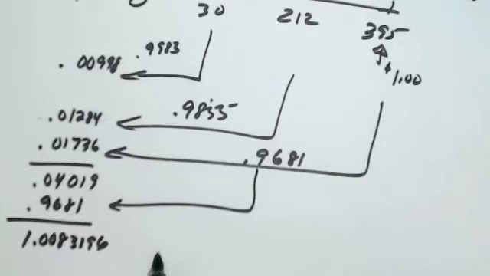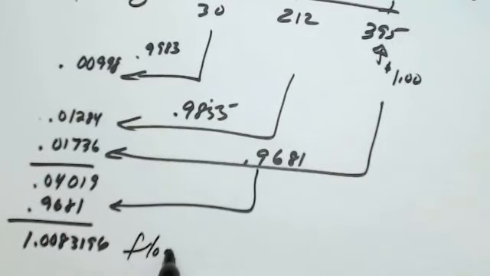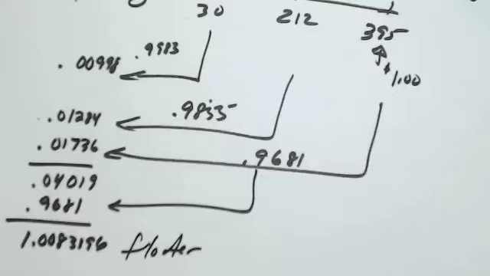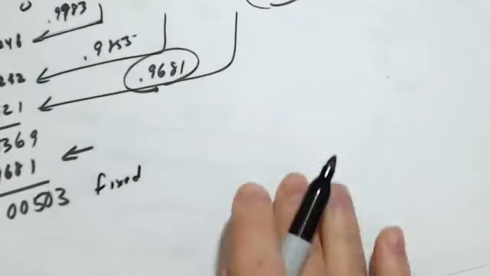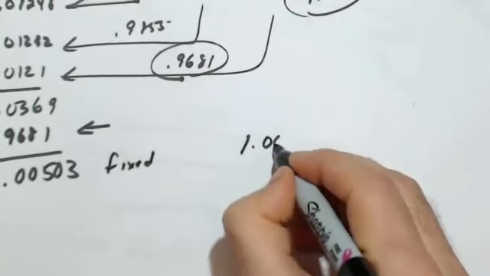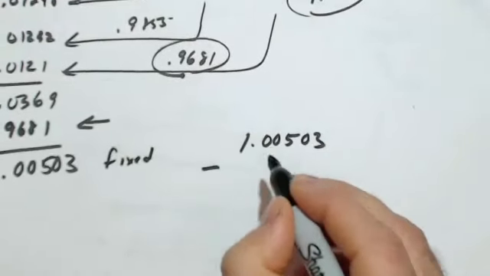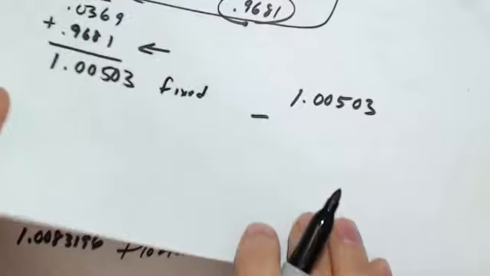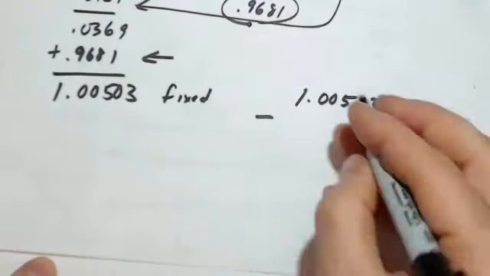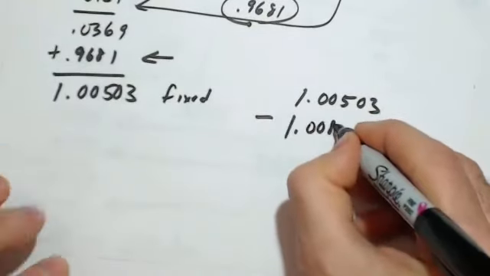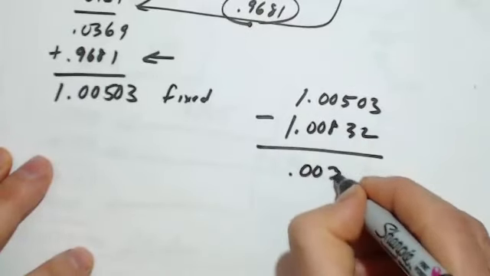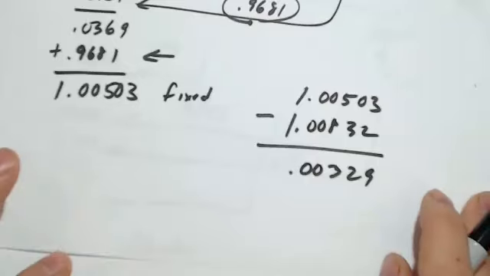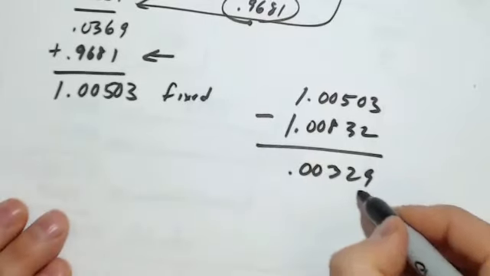Now, this was the floater side, the value of the floater, the value of the fixed. This was the fixed. And so we take the value of the fixed, subtract out the value of the floater that I just computed, and here is the value of the swap per dollar.